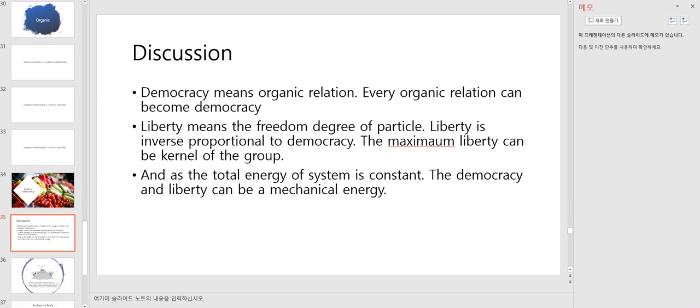Discussion. Democracy means organic relation. Every organic relation can become democracy. Liberty means the degrees of freedom of a particle. Liberty is inversely proportional to democracy. The maximum liberty can be the kernel of the group, and the total energy of the system is constant. Democracy and liberty can be mechanical energy.